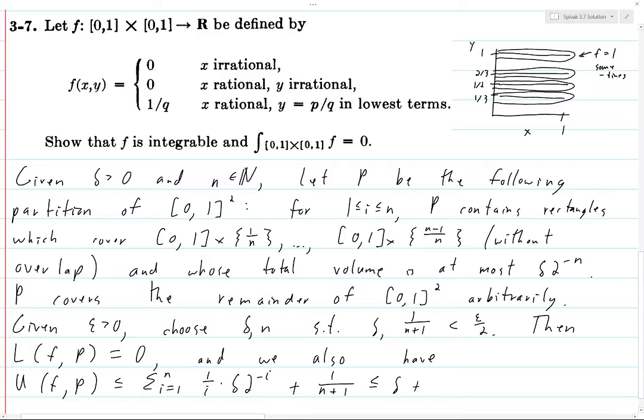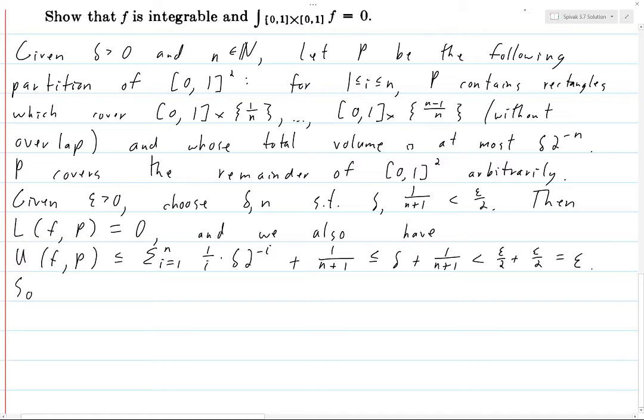Then we have this delta plus 1 over n plus 1, but we chose this so that delta is less than epsilon over 2, and 1 over n plus 1 is less than epsilon over 2, and this is precisely epsilon. Okay? So, 0 is less than or equal to L(f,P), which is always less than or equal to U(f,P).